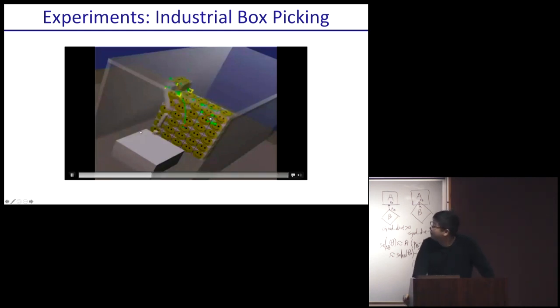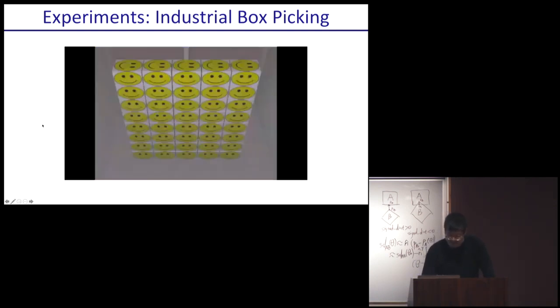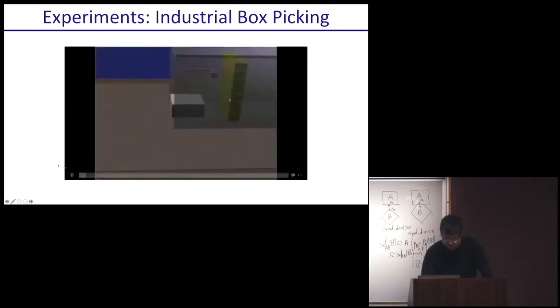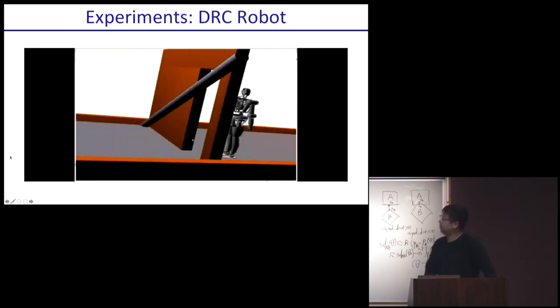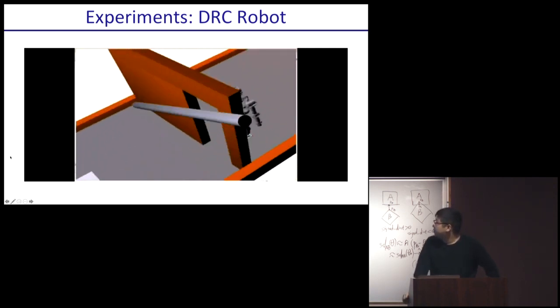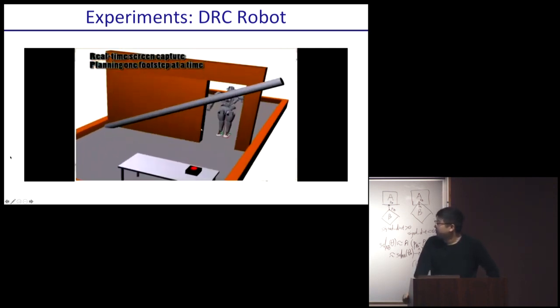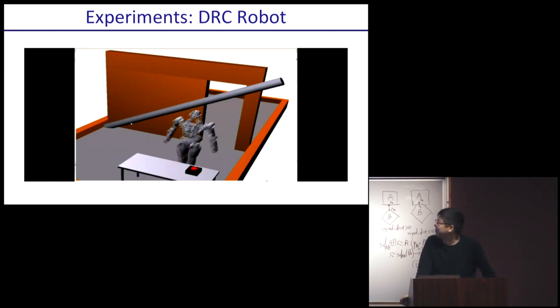Maybe we can skip this because it just repeats. There is another DRC robot using planning to go inside the door without colliding with this obstacle. That's not the most intuitive way to avoid this obstacle, but that's the algorithm. And touch the button.